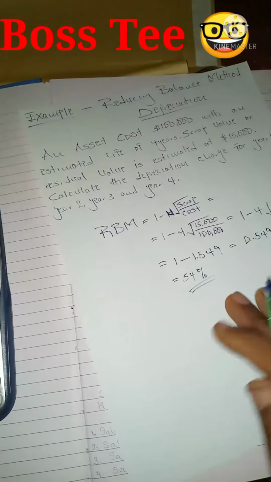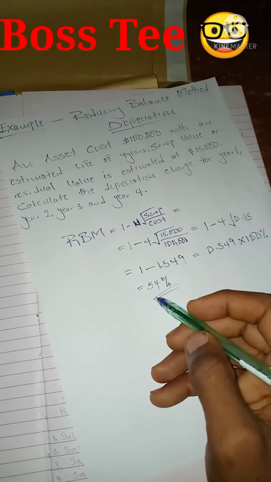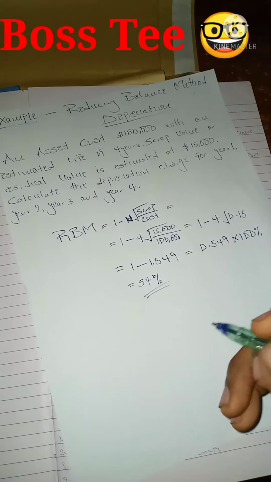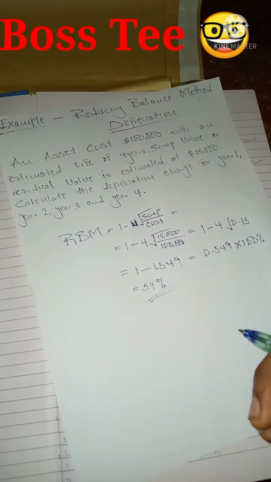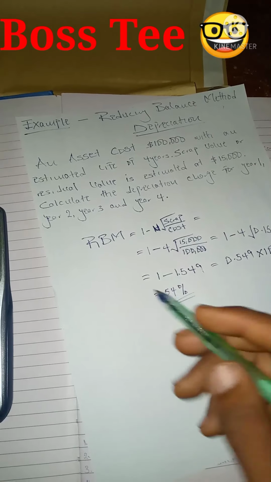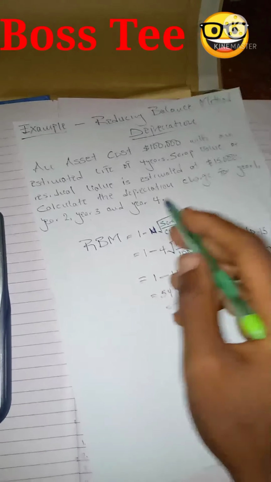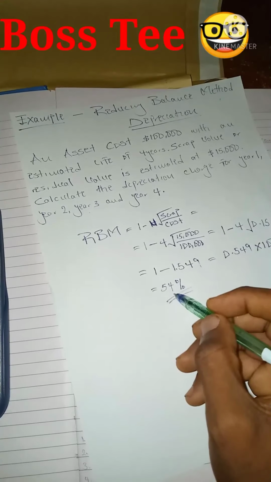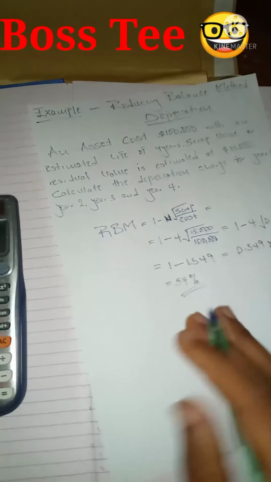So you are going to use this 54% to charge depreciation on all the 4 given years. For year 1, year 2, year 3, and year 4, you are going to charge depreciation using 54%.